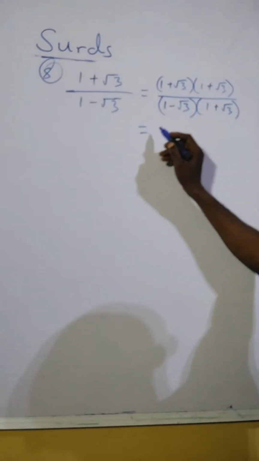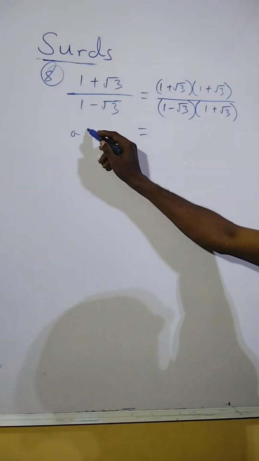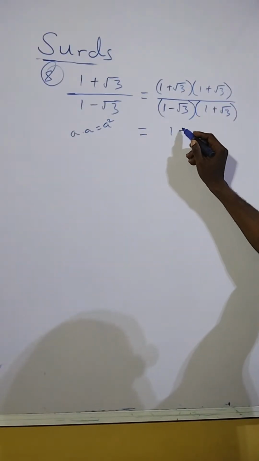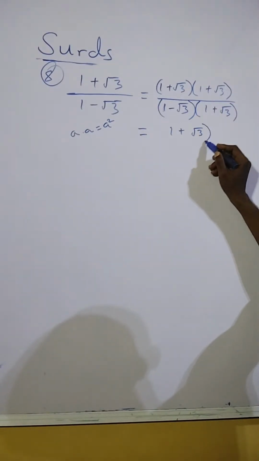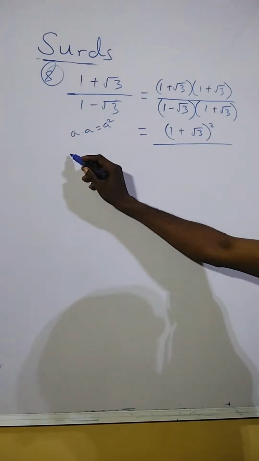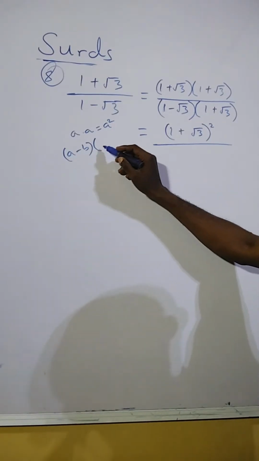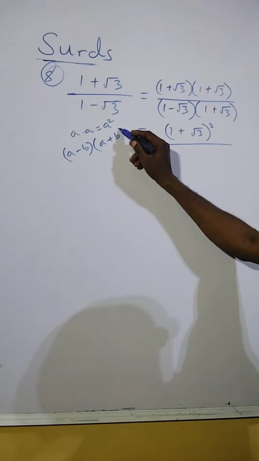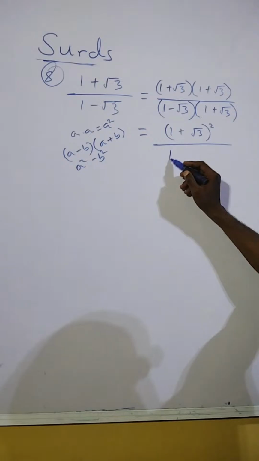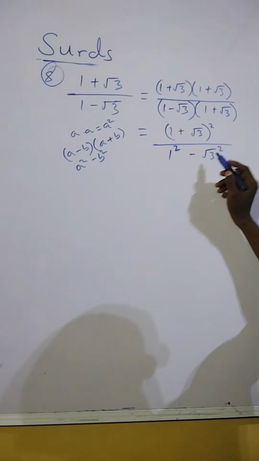Then when we solve further, we have the same thing inside this bracket. Just like when we have a times a, write it as a square, here we can write it as 1 plus root 3 all squared, divided by, this also follows when we have a minus b into brackets a plus b, which is the same thing as a square minus b square. Here we have 1 square minus root 3 square.